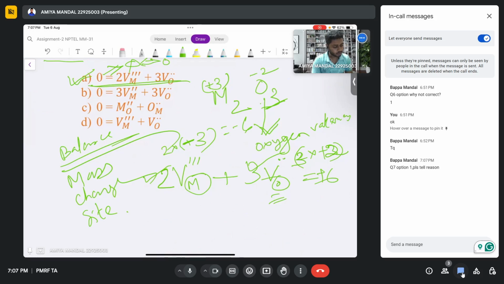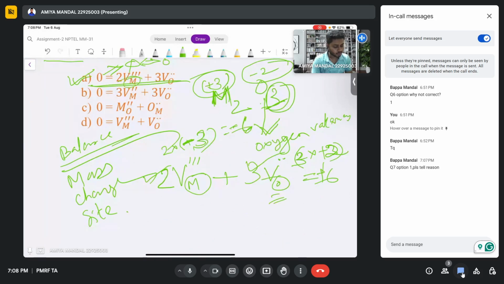If three oxygen vacancies are created, with two positive charges for each vacancy, then this charge will be +6. To compensate this, we have to create three metal vacancies, sorry, cation vacancies, whose charge is -3 each, so negative charge is also there.